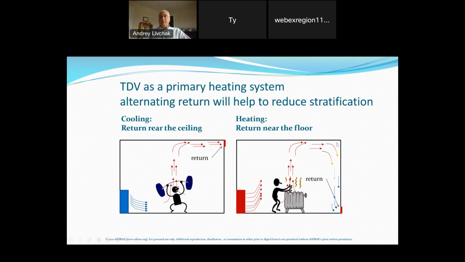That way you could improve the effectiveness of the air heating system when you use displacement diffusers to supply warm air. And in this case, in many instances, it can work better than an air heating system using mixing diffusers. Again, you will be using upper return in cooling mode and lower return in heating mode.